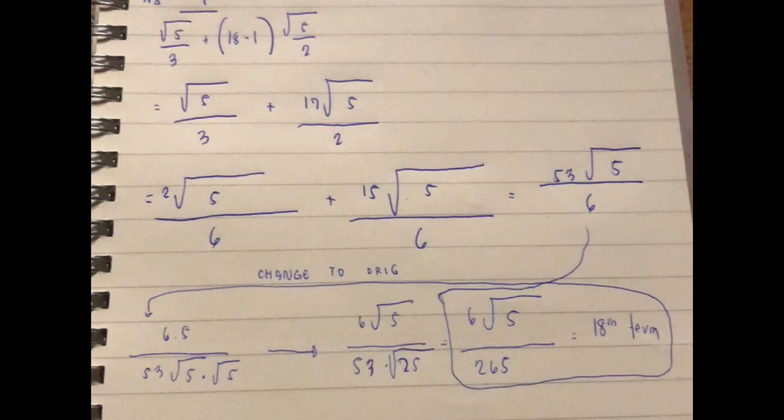Now, after this, we're going to find the common difference. So how do we find the common difference? We are going to use the formula a sub 3 minus a sub 1 over 3 minus 1.